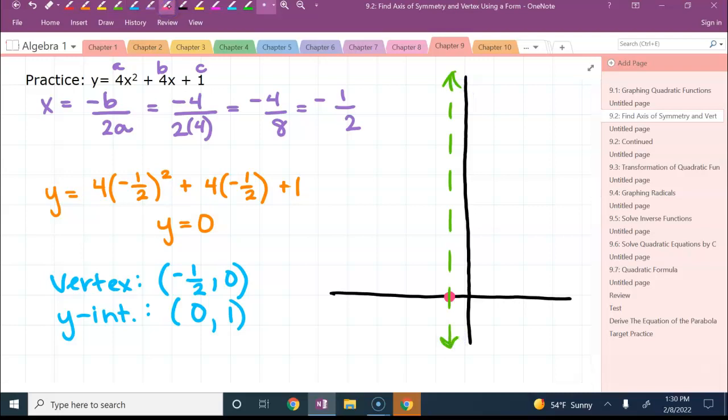Especially for this next point, because 0, 1 is that y-intercept. So that's about half a step away from that dotted green line. So we're going to go half a step to the other side to draw the reflected point, and then go ahead and sketch in your graph. So that one should have looked something like this one.